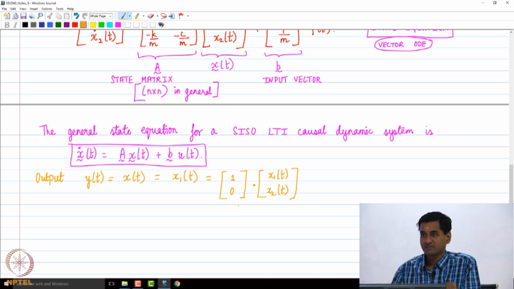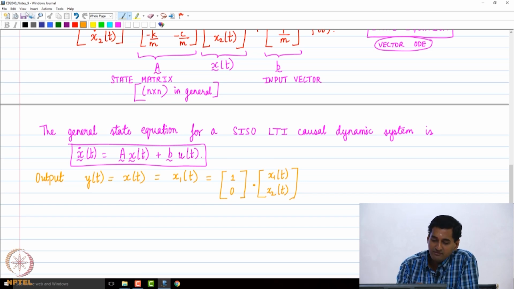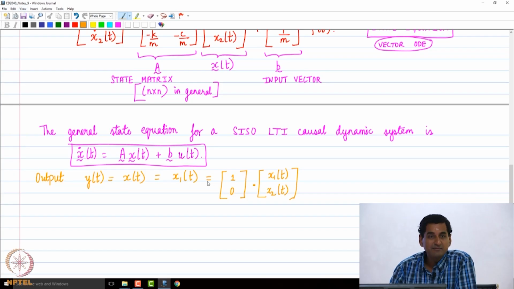Right? Correct? Do you agree? Okay. So, we immediately see that my output is equal to the first state variable in this example, which can be obtained as a dot product of a vector and the state vector. I choose the first vector 1, 0 appropriately, depending on what my output is, right.